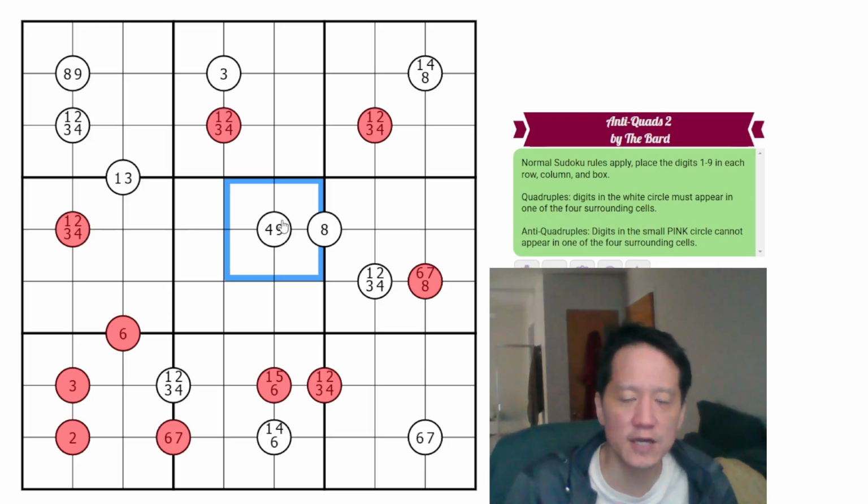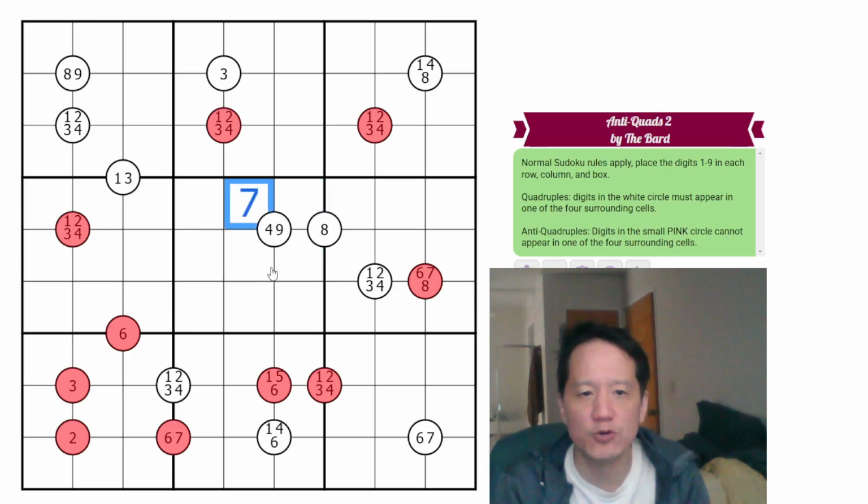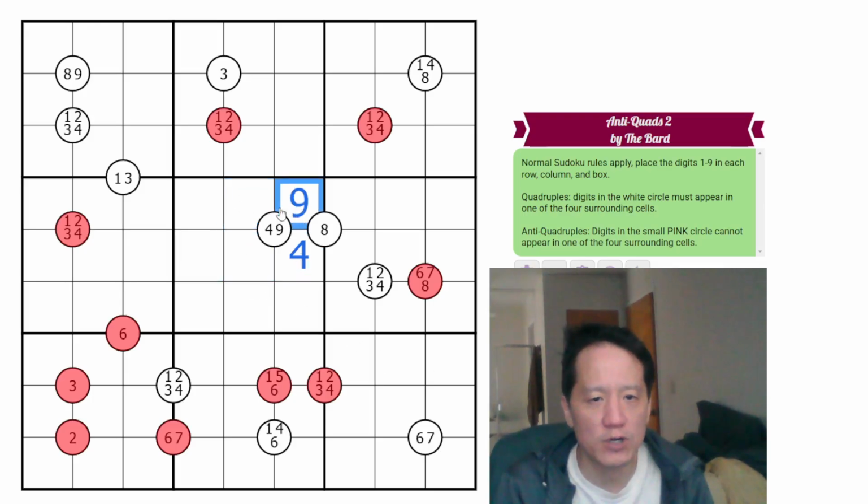The digits 4 and 9, which are in that circle, must appear in one of the surrounding cells. As an example, it could be a 4 here or a 9 here, or any combination, right? It just has to be in one of the four cells surrounding the quadruple.